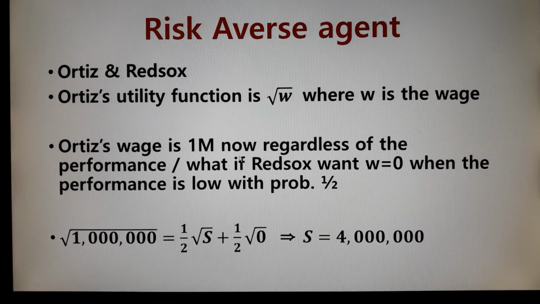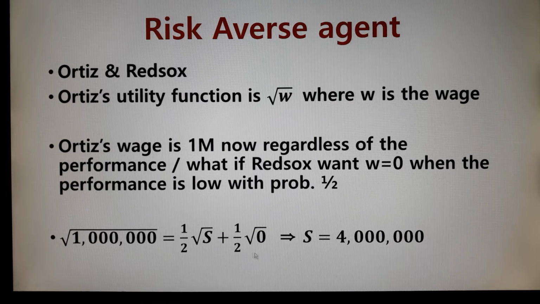Let's assume that if Otis does his best, he will get a good result with probability of half and a bad result with probability of half. So let's assume S would be the wage of Otis when he performs well, with probability of half. 0 would be what Red Sox want to give him with probability of half when the performance is not good.